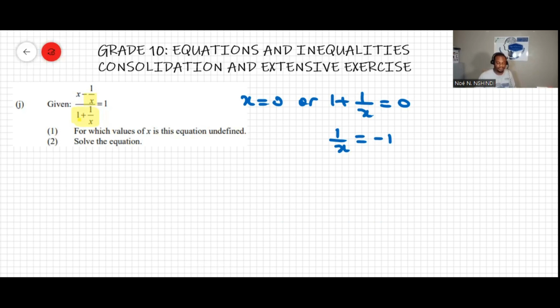Then we can get rid of the denominator if we multiply by x here and there, and the common denominator we can just drop.